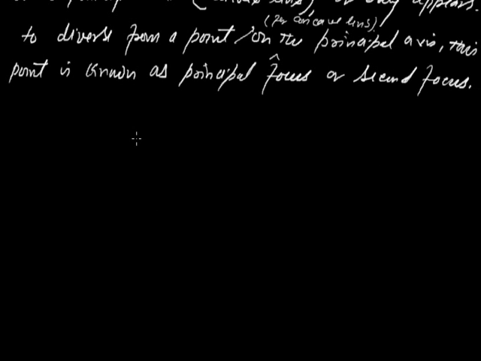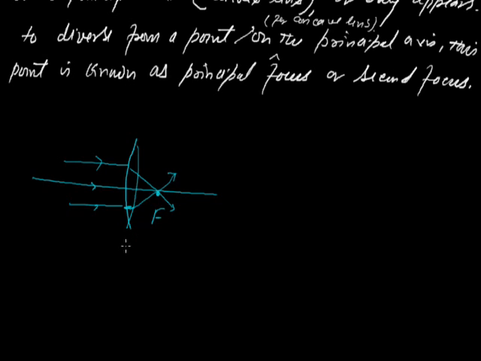For the diagram, this one is a convex lens, with rays parallel to the principal axis. After refraction, they meet at a point. This point is known as the principal focus.